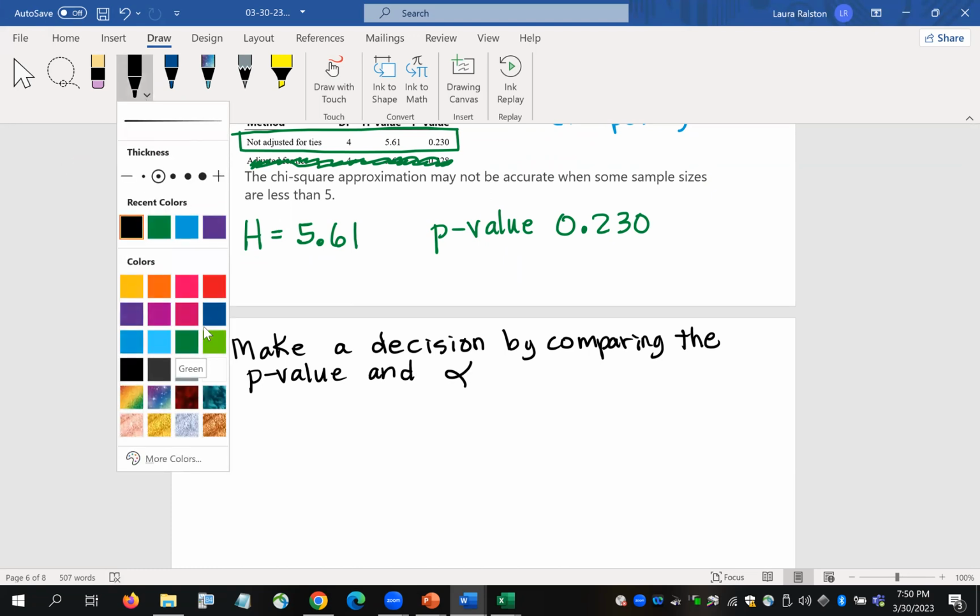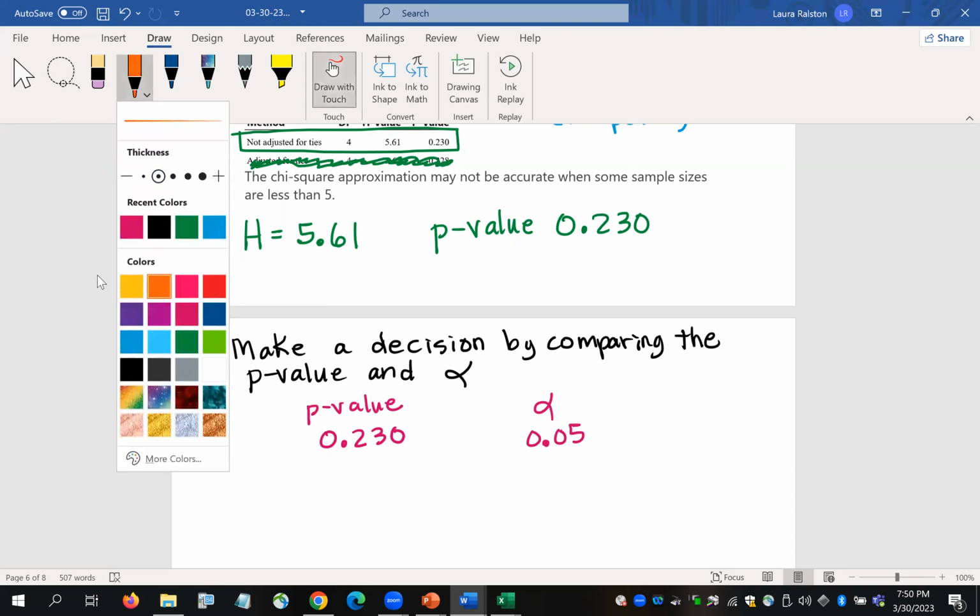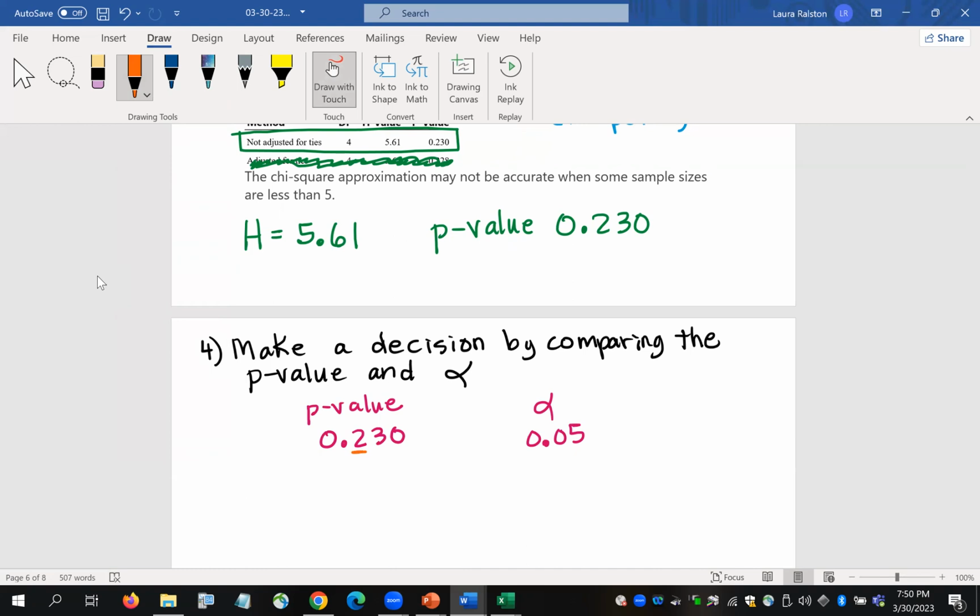For this problem, my p-value, which we get from Minitab, is 0.230. Alpha is 0.05. Again, we compare that digit for digit. 2 compared to 0. 2 is greater than 0, so p is greater than alpha. If p is greater than alpha, we fail to reject the null.